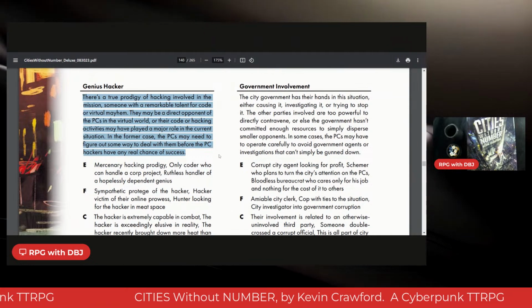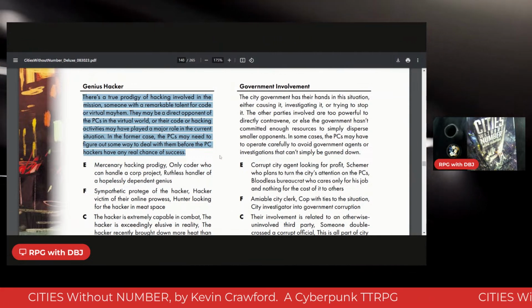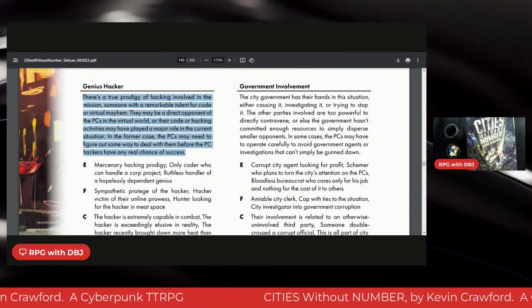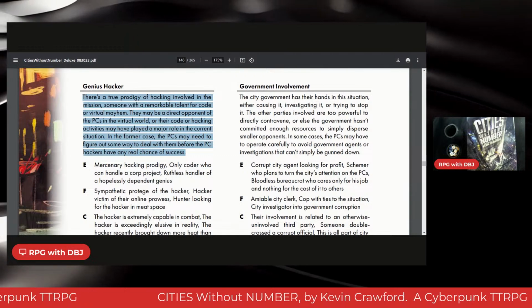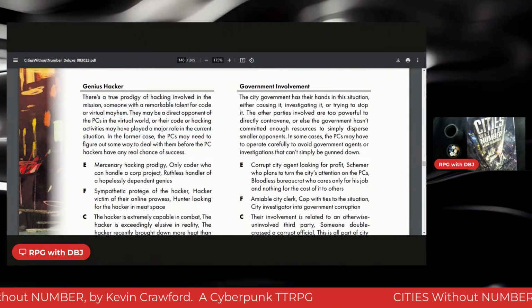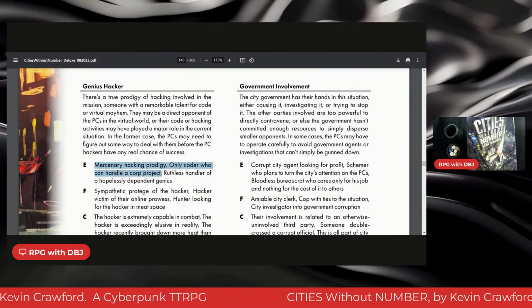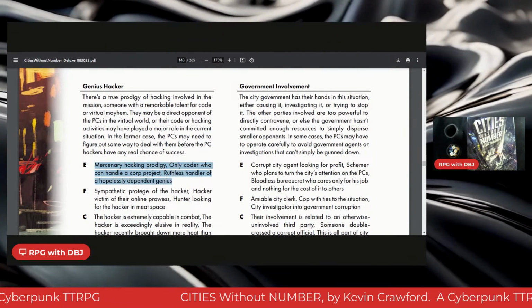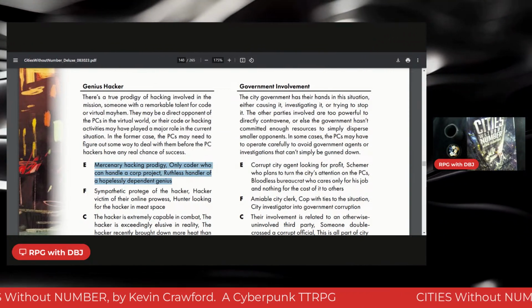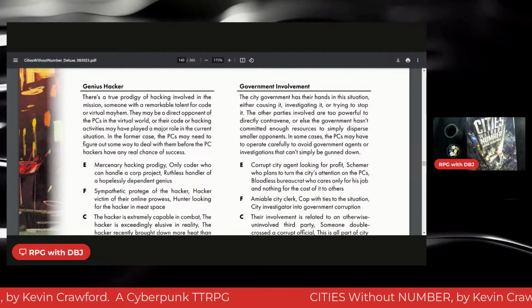And then you read this, and it breaks down like, okay, so there's a true prodigy of hacking involved in a mission, someone with a remarkable talent for code or virtual mayhem. And then down here we've got enemies, a mercenary hacking prodigy, or a ruthless handler of a hopeless dependent genius. How many times have we seen that before, right?